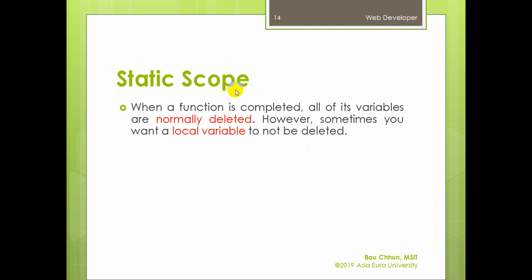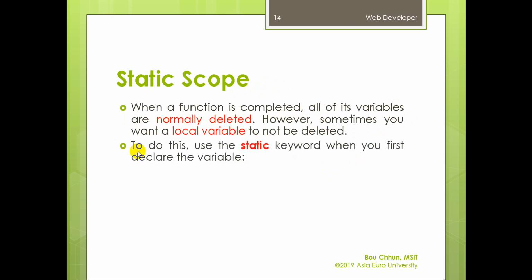And static variable scope: when a function completes, all its variables are normally deleted. However, sometimes you want a local variable not to be deleted.